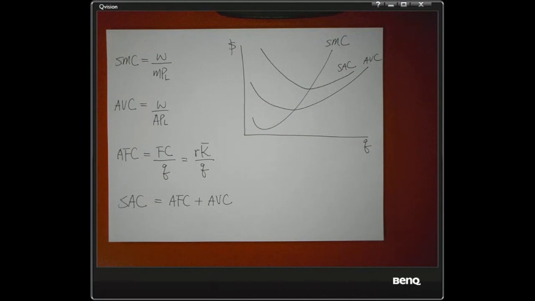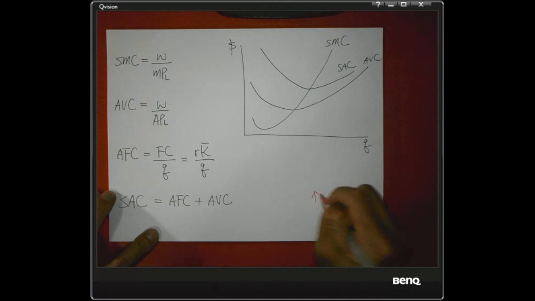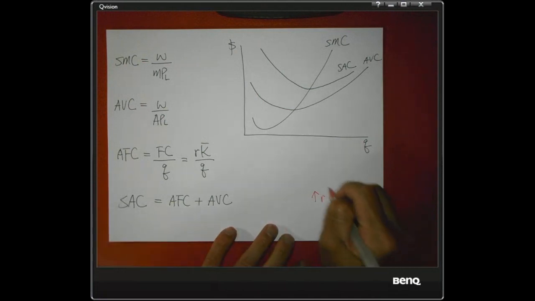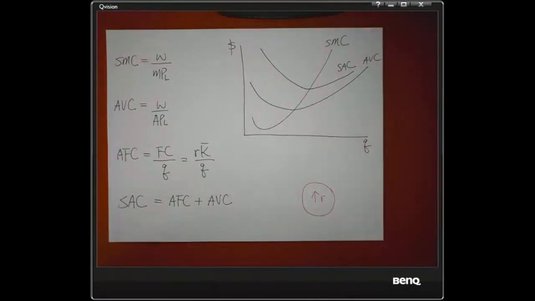And now, if we have an increase in cost of capital per unit, it impacts our cost curves. You look at these 4 cost measurements. The only place we can see R is here.